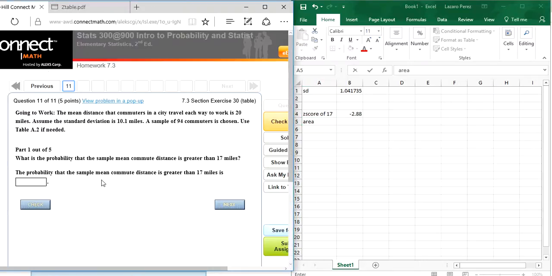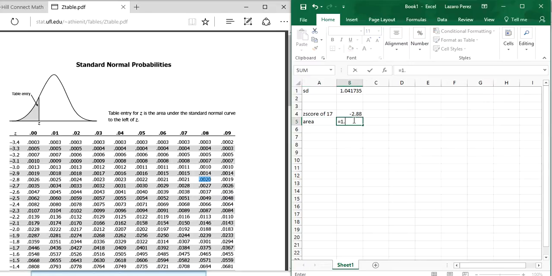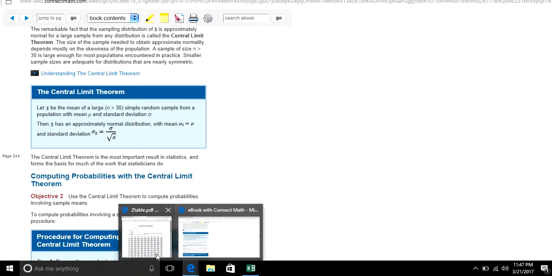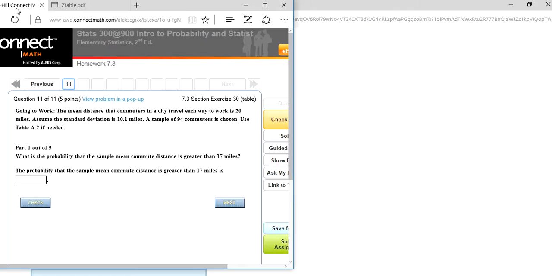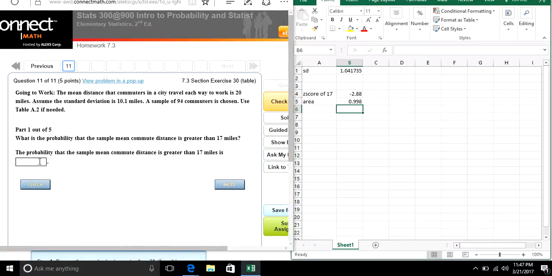And remember that the question said is greater than, so it will be 1 minus 0.0020. So that gives 0.998. Perfect.